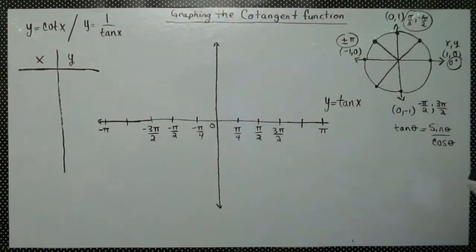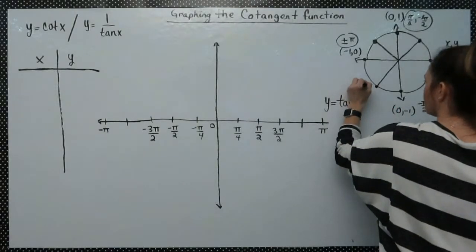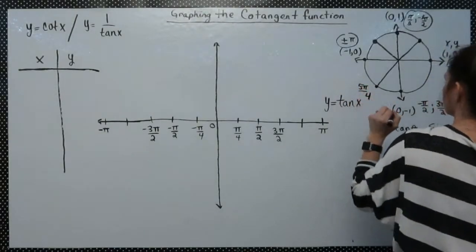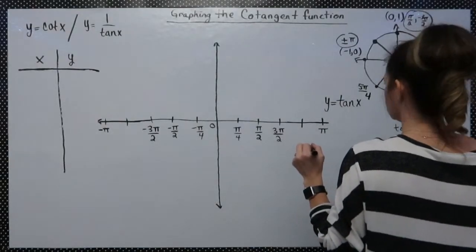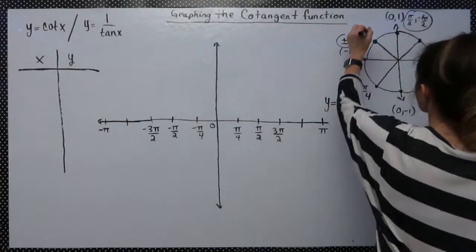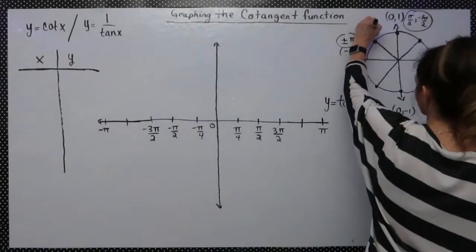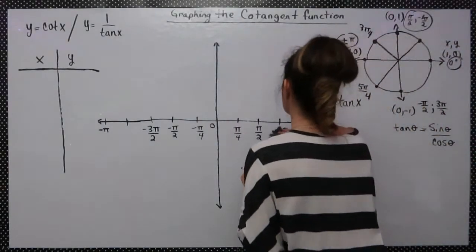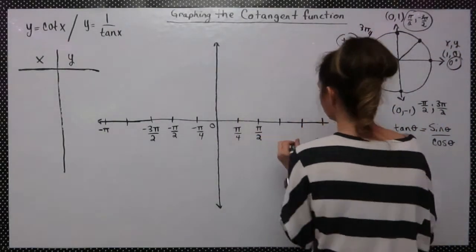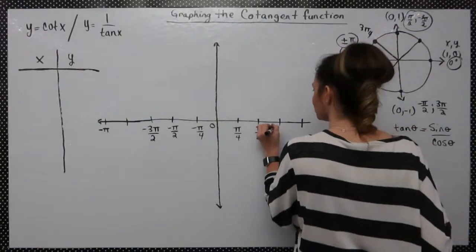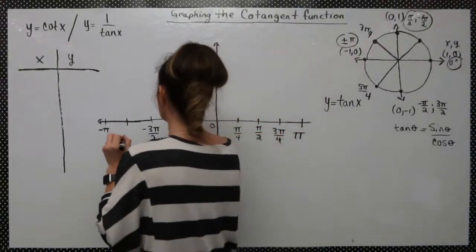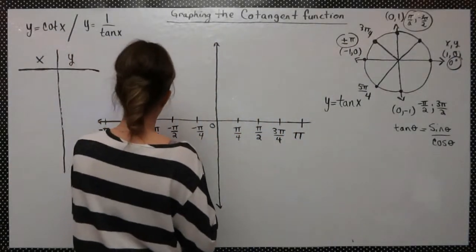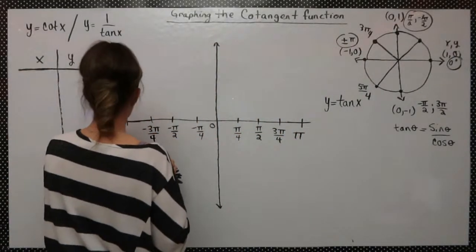So 3 pi over 4, 5 pi over 4. Okay. See, and if I had people doing math with me, wait. This was 3 pi over 4. All right, never mind. I don't know what I was thinking. This is 3 pi over 4 and pi. 3 pi over 4 and maybe pi.